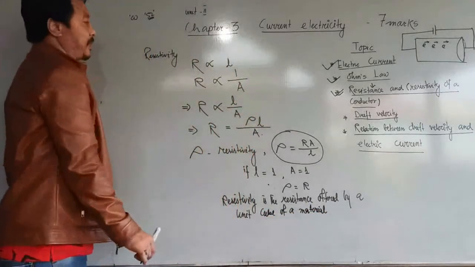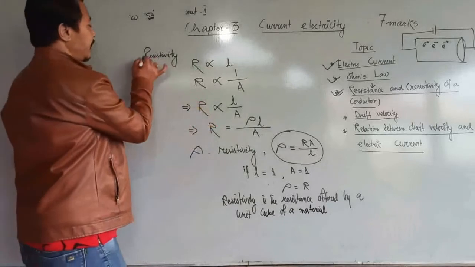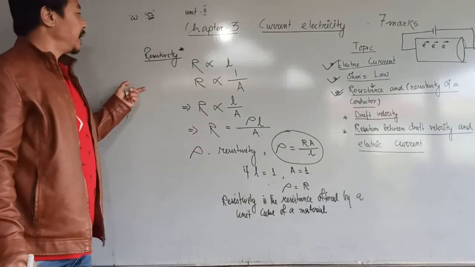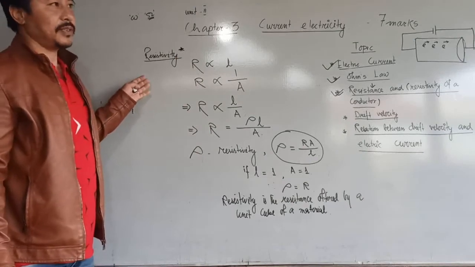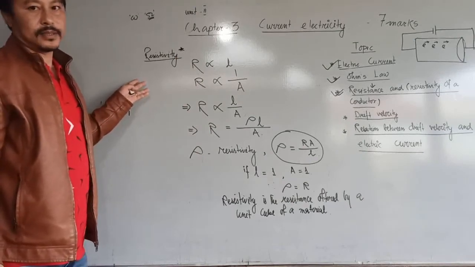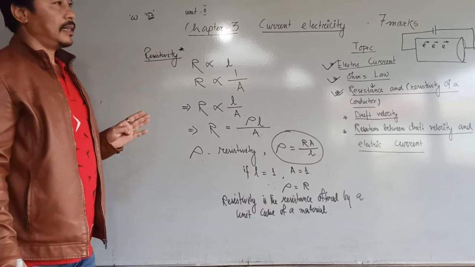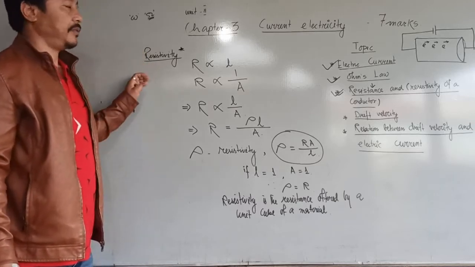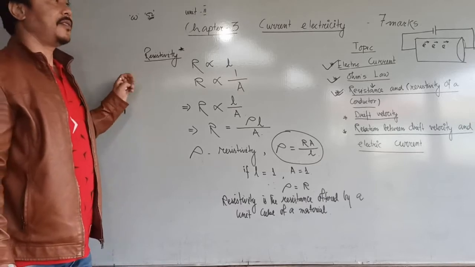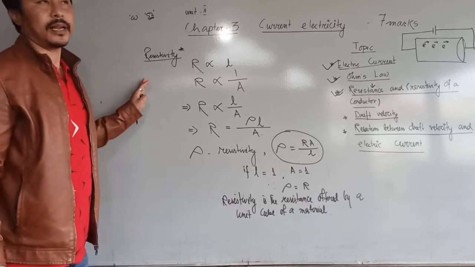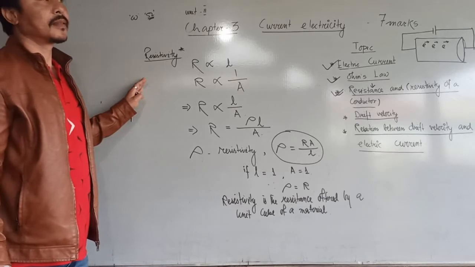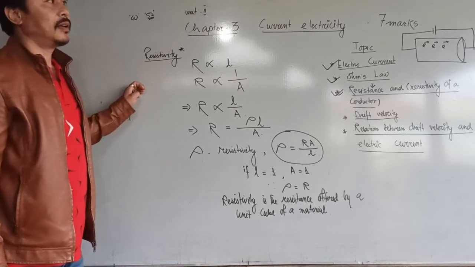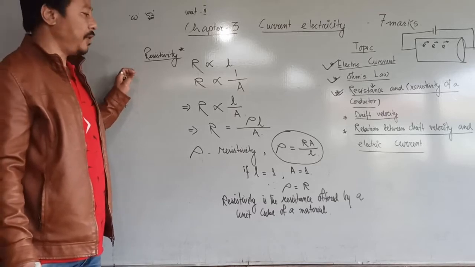So the basic difference between resistivity and resistance is that resistivity does not depend on the dimensions of the conductor, such as length and cross-section area. For example, the resistivity of nichrome will remain constant, at 1 into 10 to the power minus 7 ohm meter.